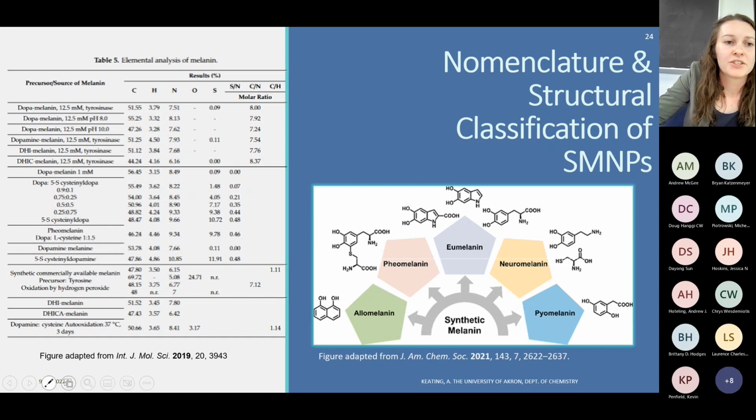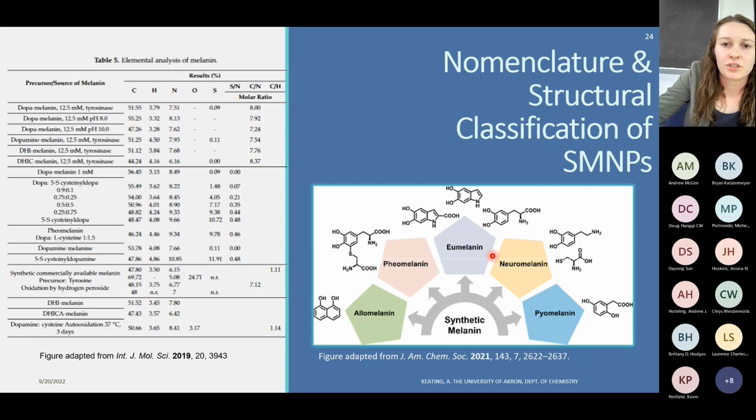However, here are examples of different types of eumelanin. DOPA is the L-DOPA monomer, DHI is the dihydroxyindole monomer, and DHICA is the dihydroxyindole with the carboxylate group still on it. So it's just the cyclized L-DOPA into the indole ring, pre-decarboxylation.